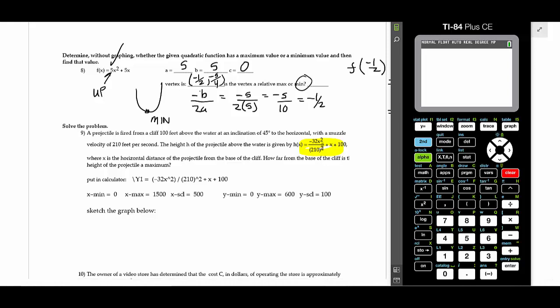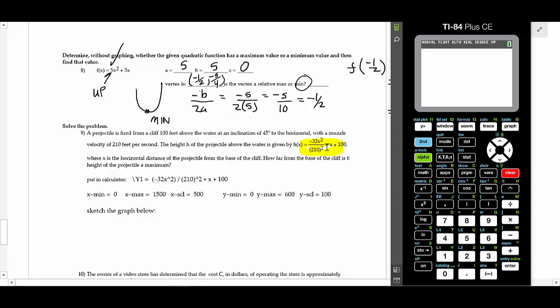If you're going through the calculus sequence, and if you're in engineering, you'll probably take calculus-based physics, a lot of times with Calc 1 or Calc 2. So you'll learn about these projectile motion equations. This is a projectile motion equation. All this stuff here is just telling you what it represents. This 100 is the initial height of the object. The 45 just means the projectile's fired at a 45-degree angle, and it has a velocity of 210. Don't worry about where that comes from.